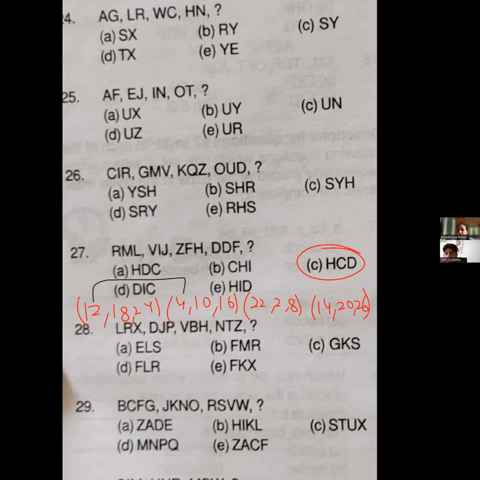Increases by 8, you're saying? No, decreases. Decreasing by 8. That's correct. Minus 8 it will be.